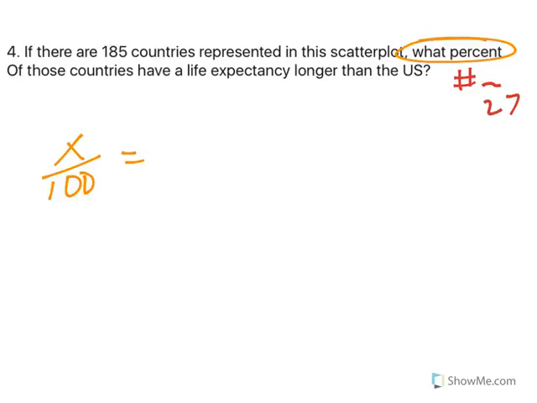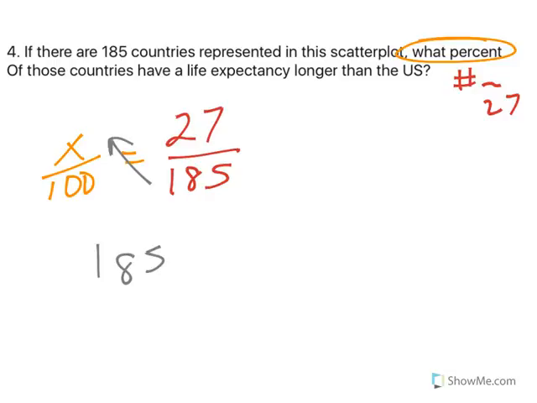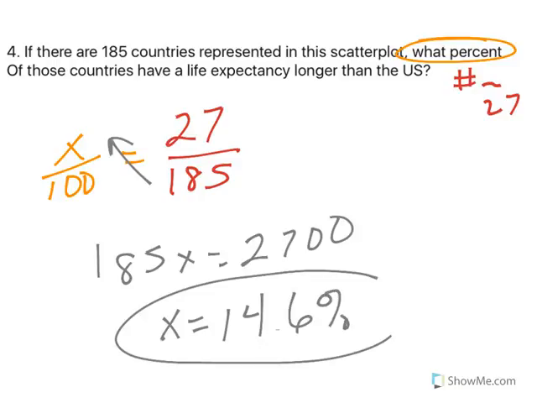And then on the right side, if we think part to whole, well, 27 is part, 185 is all the countries. So part to whole is 27 over 185. I cross multiply and I get 185x equals 2700. Divide both sides by 185. And I end up with approximately 14.6%. So approximately 14.6% of these countries have a life expectancy longer than the United States. That's what this means. Okay.